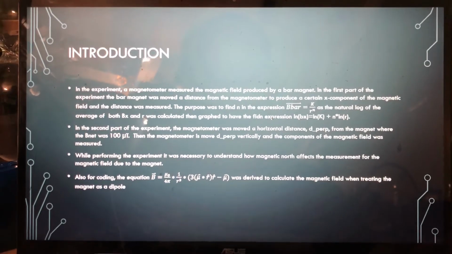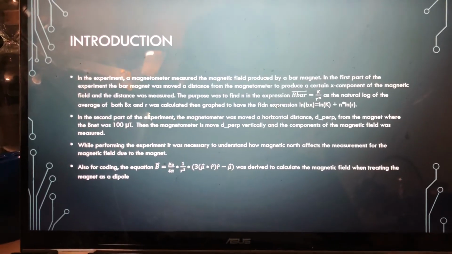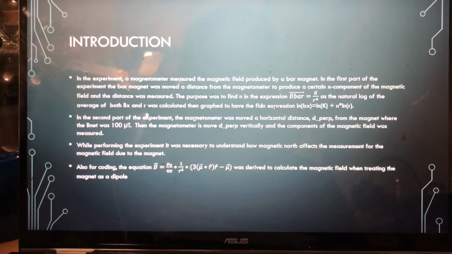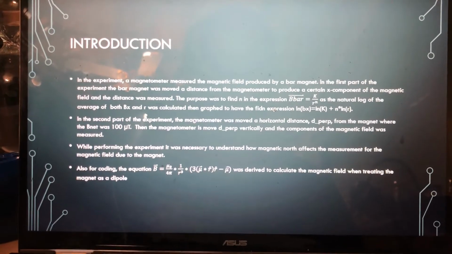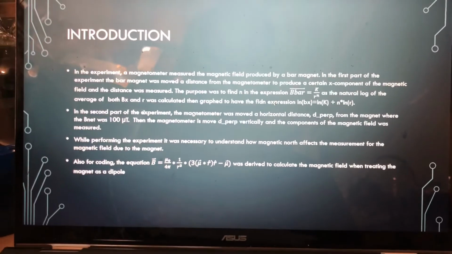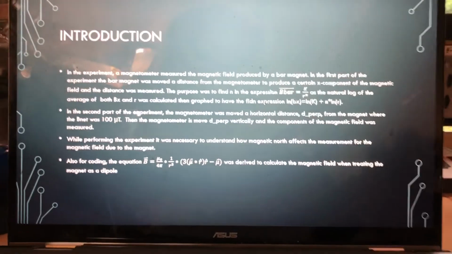Also, during the coding, the equation B = mu naught over 4 pi times 1 over r cubed times (3 times the dot product of mu and r hat, times r hat, minus mu) was derived to calculate the magnetic field when treating the magnet as a dipole.